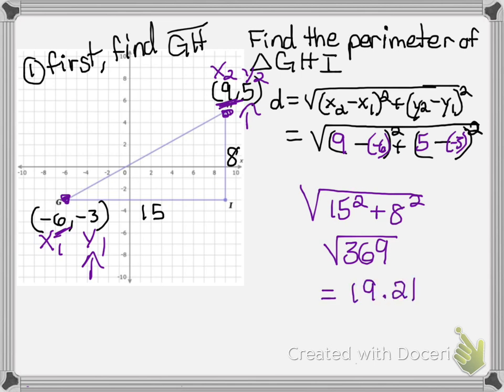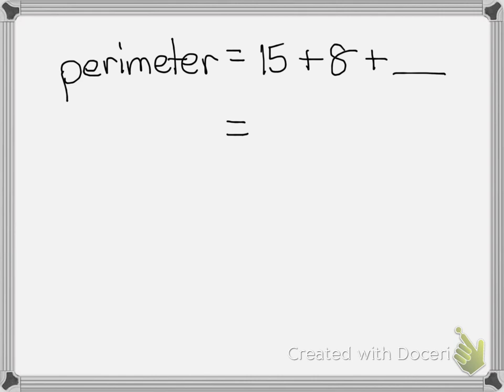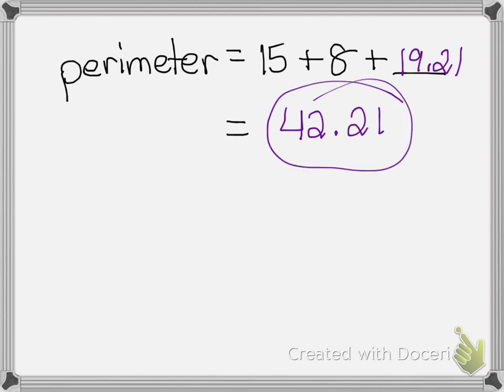Since this side is now 19.21, I can find the perimeter by adding all of the sides. 15 plus 8 plus 19.21 gives me a total of 42.21. And so that will be my perimeter of that triangle.